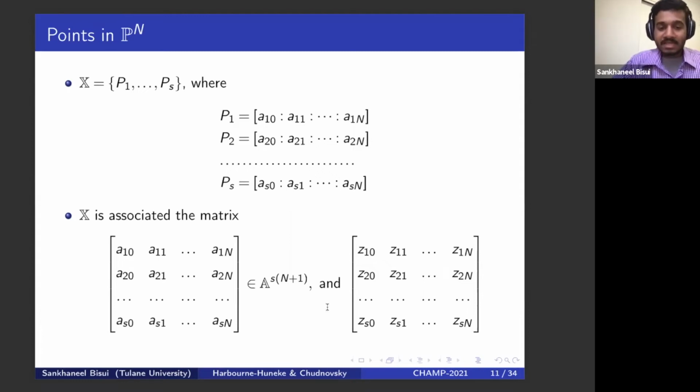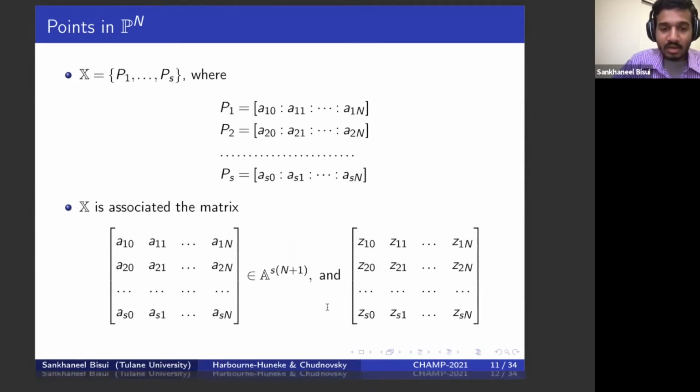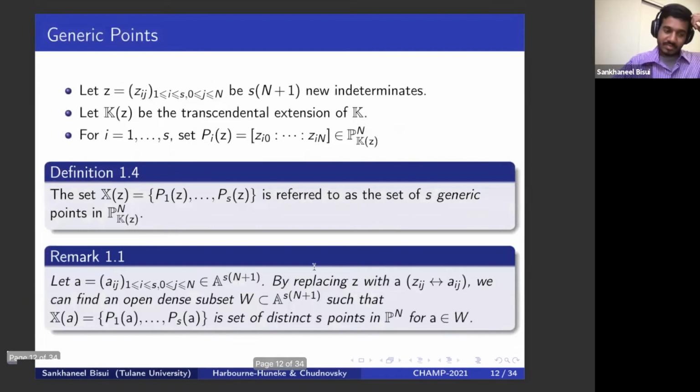This idea was introduced in Fouli and Mantero's paper. So what is done there? Take Z to be Zij, s times (n plus 1) many new indeterminates.